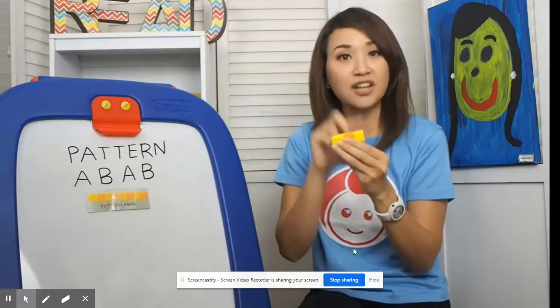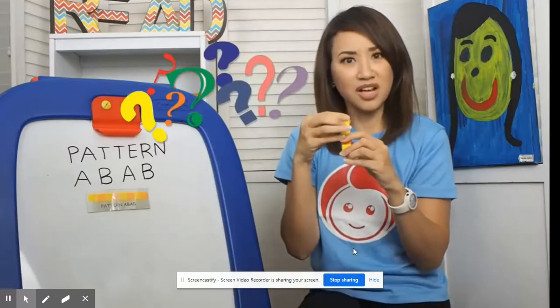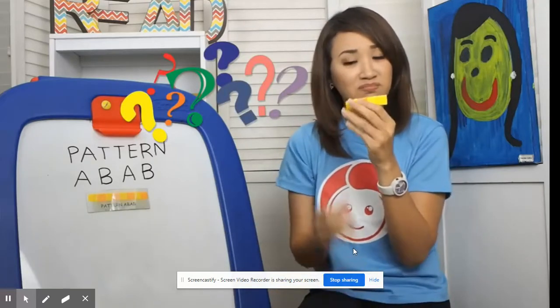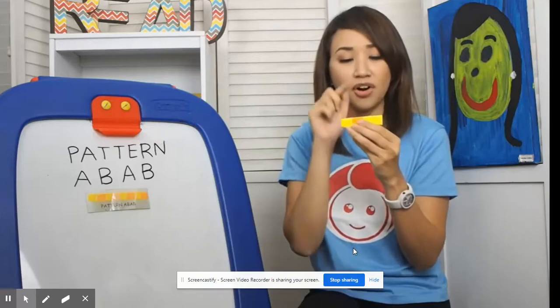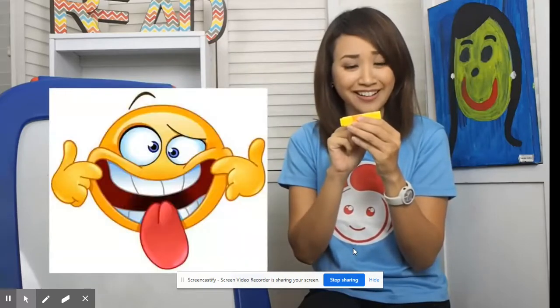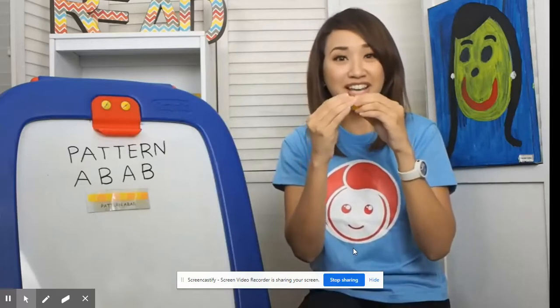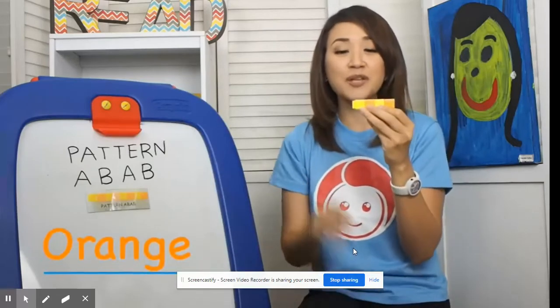Yellow, orange, yellow. Let's try this. Is it yellow again? Let's check. Yellow, orange, yellow. Yellow. Oh, correct, teacher. What should be the answer? Very good. It's orange. Let's check.